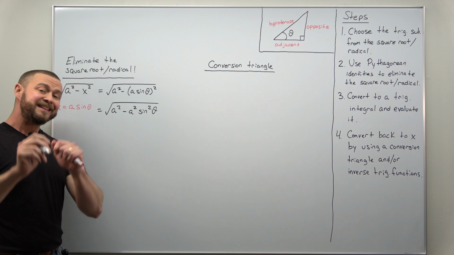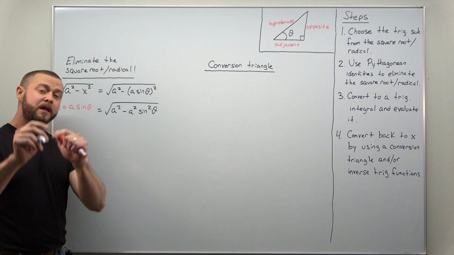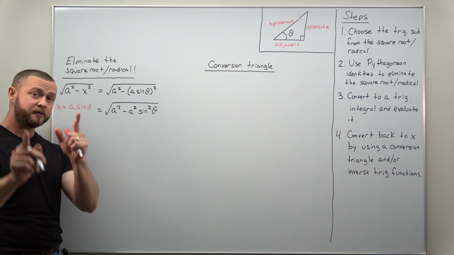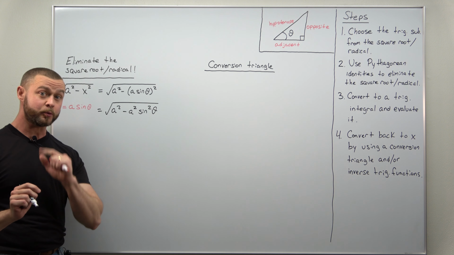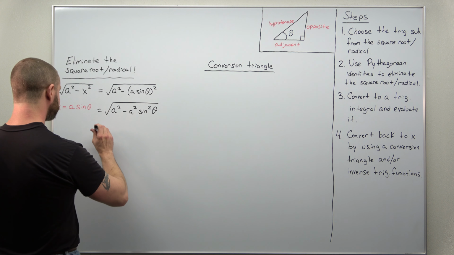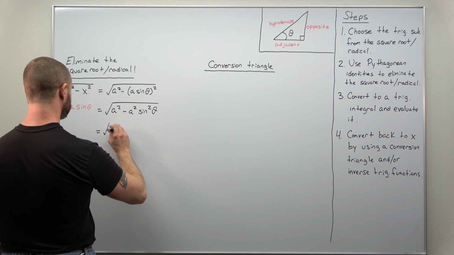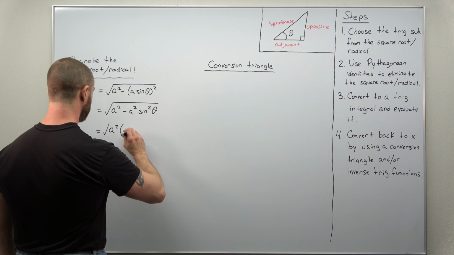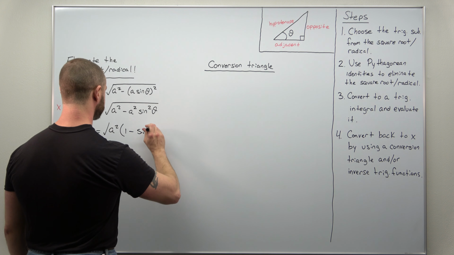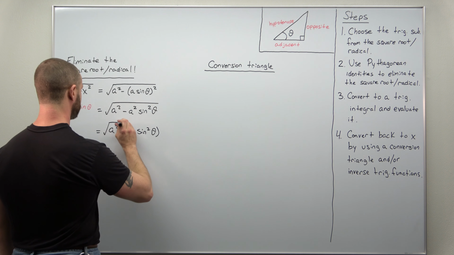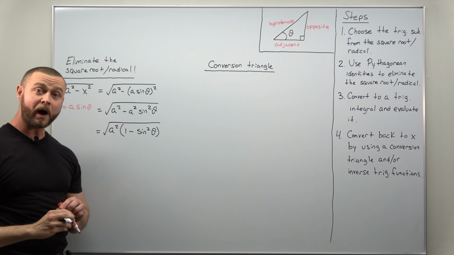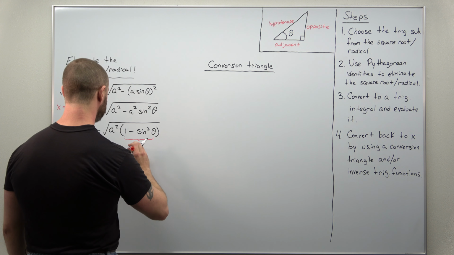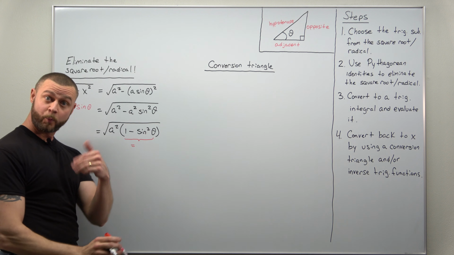The key step to getting the square root to cancel and using a Pythagorean identity is we're going to factor out a squared from those terms within the square root or radical. So we're going to factor a squared out inside the square root, and you'll be left with, in parentheses, 1 minus sine squared. And the key step for why this works is we're going to use our basic Pythagorean identity to replace 1 minus sine squared with cosine squared.